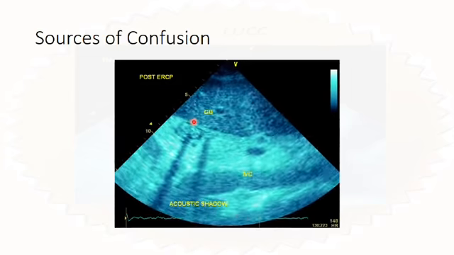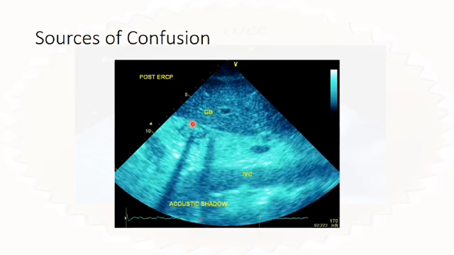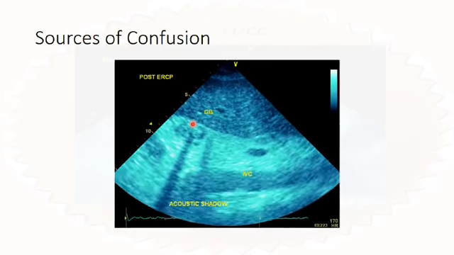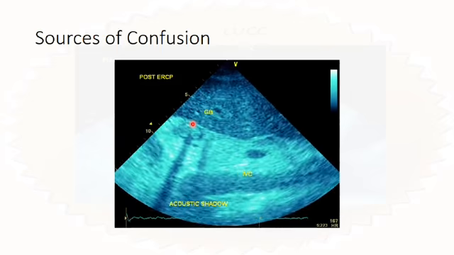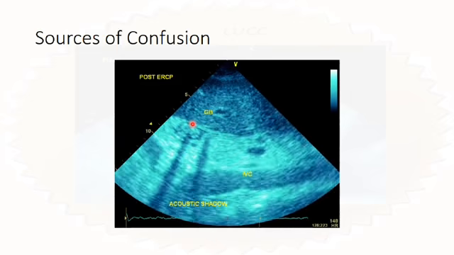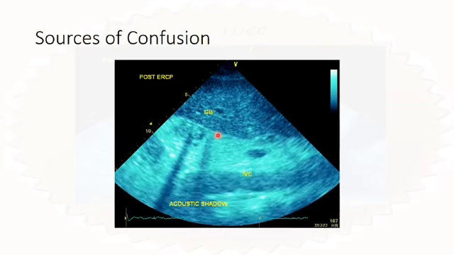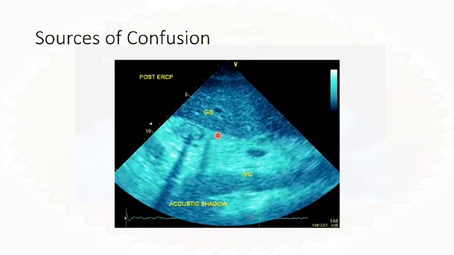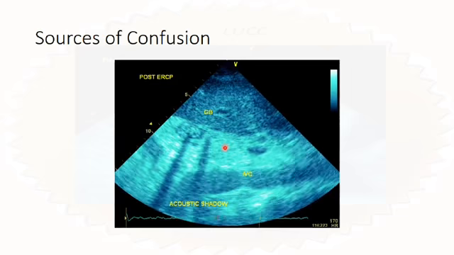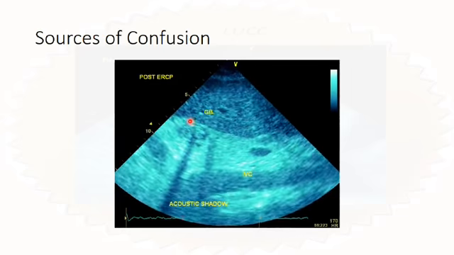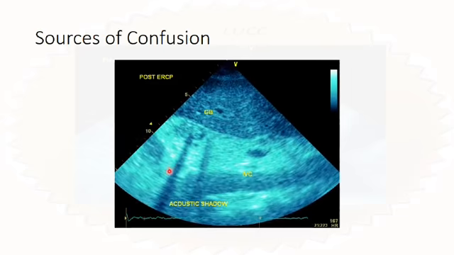This shadowing is called dirty shadowing. That's the duodenum. Okay, and the structure within, you can see that it's actually not white. It's the same echogenicity as the structures nearby. Second, for such a big stone, the acoustic shadow is just so discrete.